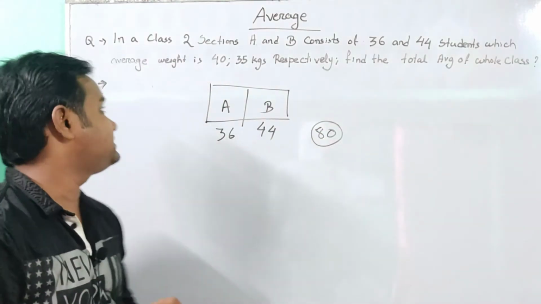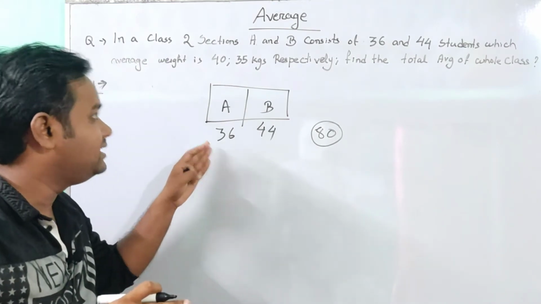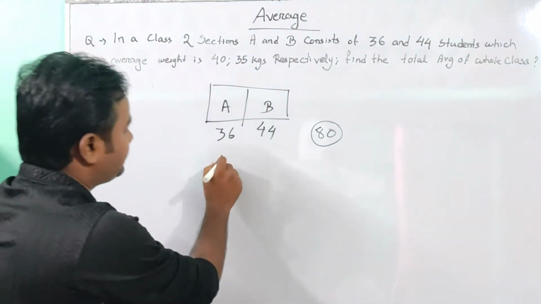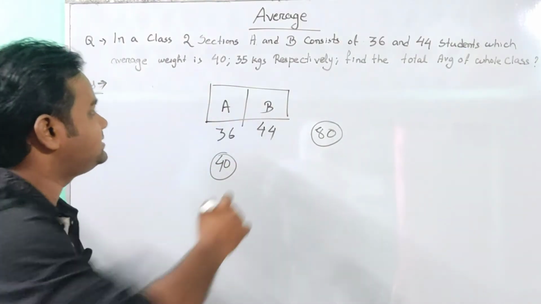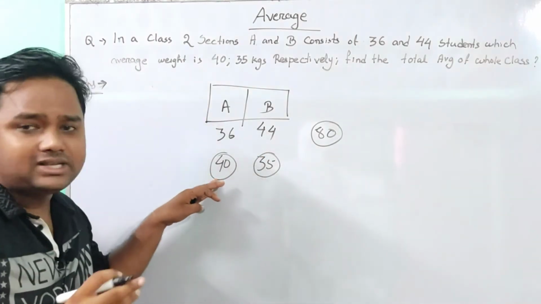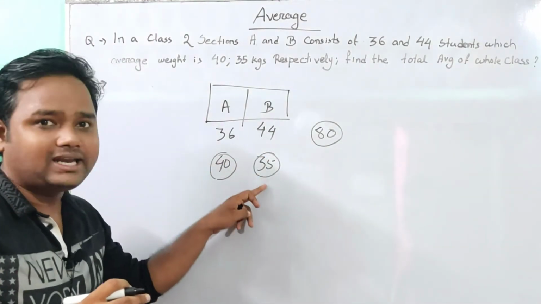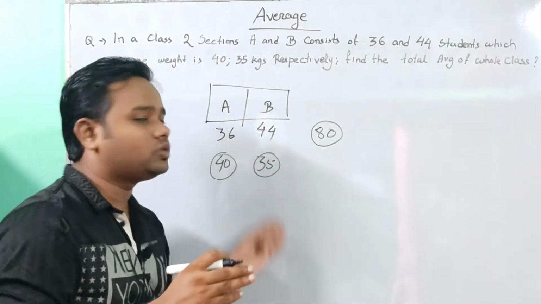The average weight of section A is 40, whereas the average weight of section B is 35. That means 40 is the average for 36 students and 35 is the average of 44 students. Now it is asked what is the average of the total class.